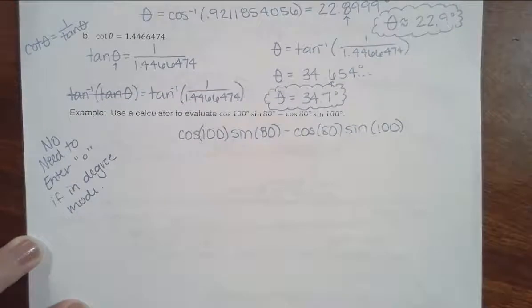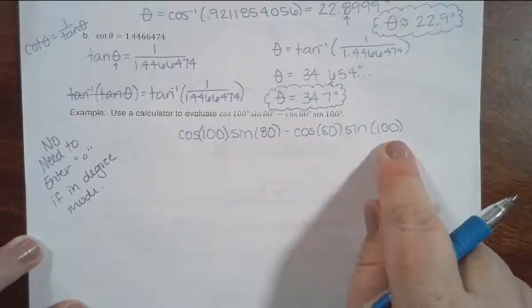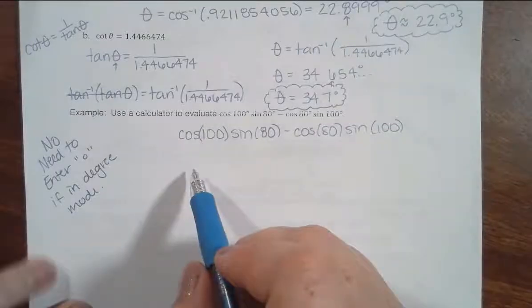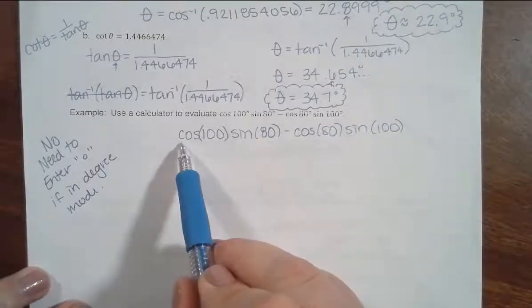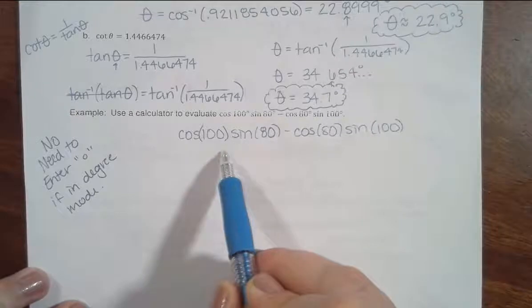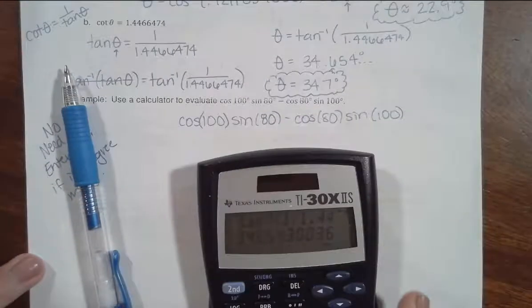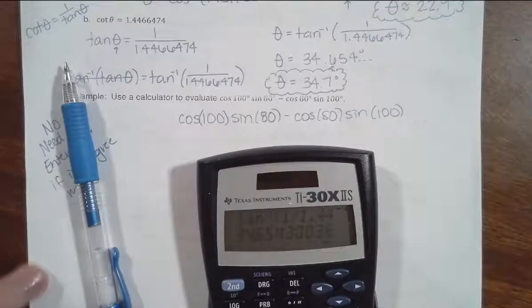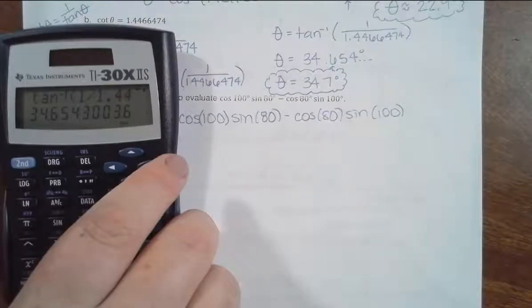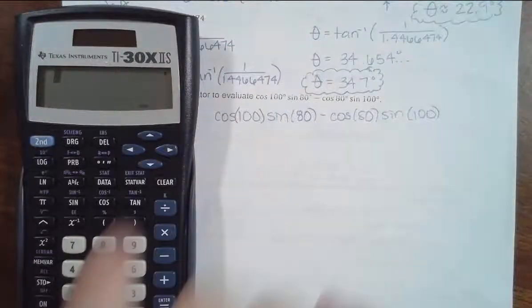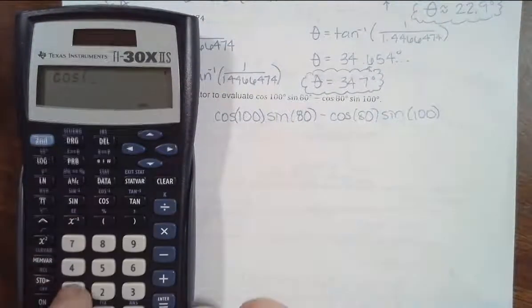Now, if you're not able to type it in all in one step, if you have a more basic calculator, you might have to calculate each of these individually and multiply them together. Okay, but hopefully if you have a good scientific calculator, we can do this all in one step. Let me see if I can get it to where you can see my calculator and my paper. All right, so we're going to go ahead and do cosine of 100, and then make sure once you enter that, you close the parentheses.